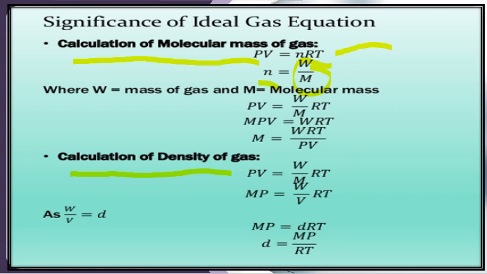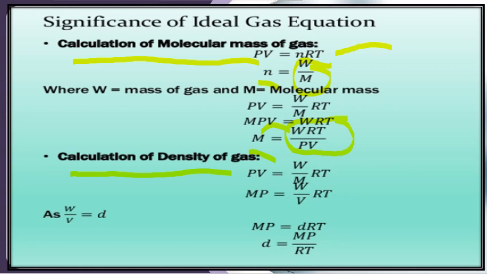Now we want to calculate only M from here, that is the molecular mass. So move PV to the other side, and you will get M is equal to WRT upon PV. This is the equation you have to remember, which will be used to calculate the molecular mass of the gas.